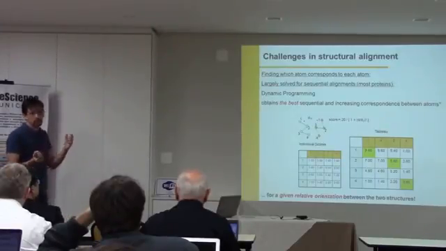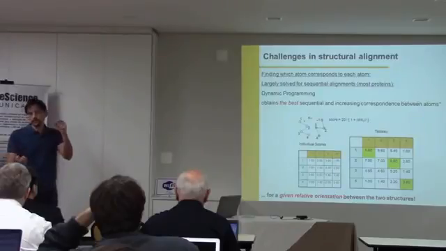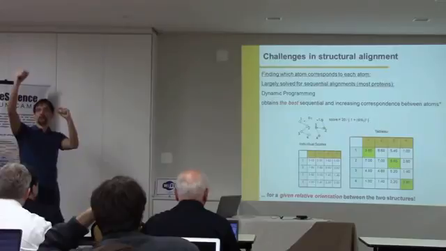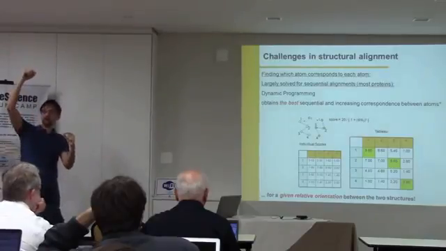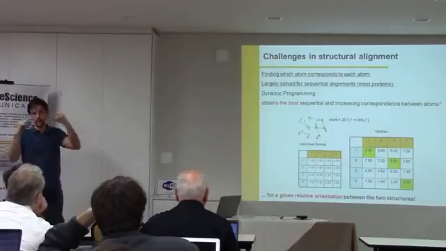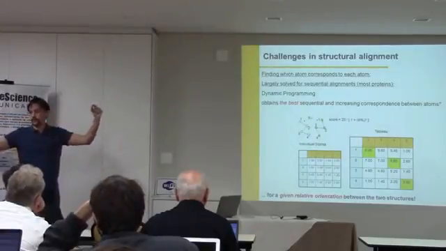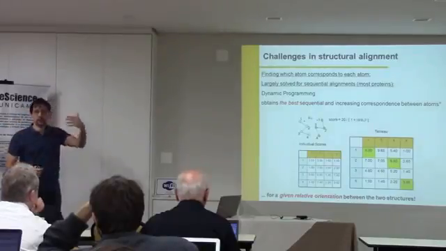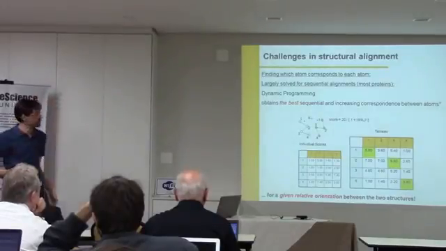In protein alignment, we want a sequential alignment in general, in the sense that if atom 1 corresponds to atom 3 of the other structure, we do not want that atom 2 or atom 10 corresponds to atom 1 of the first structure, because the proteins are sequential, are chains of amino acids. So in general, the alignment of two structures is a sequential alignment in terms of the sequence of the structure.